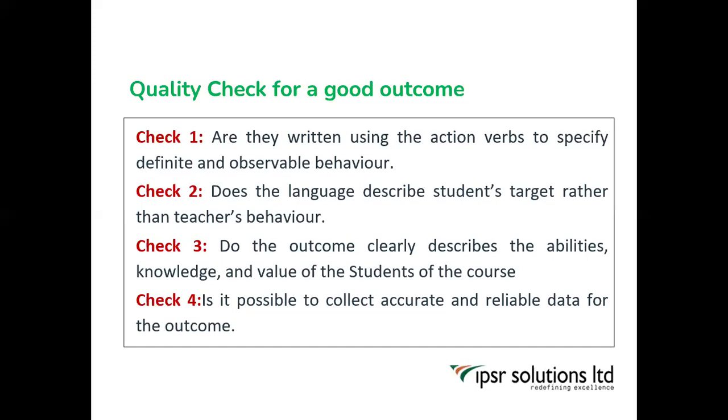And these are the quality checks for a good outcome. Check one: are they written using action verbs to specify definite and observable behavior? So first of all, you can check whether the outcomes are written using action verbs from Bloom's taxonomy. Second one: does the language describe students' target rather than teachers' behavior?